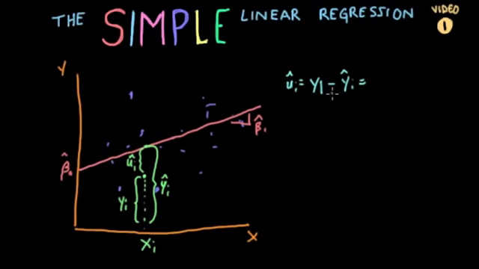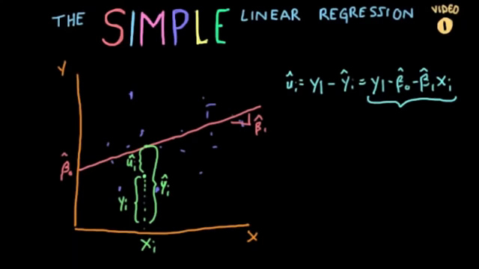And then if we plug in our regression for yi hat, what we obtain is yi minus beta 0 hat minus beta 1 hat xi. And so this here is what our estimated residual is at this point.